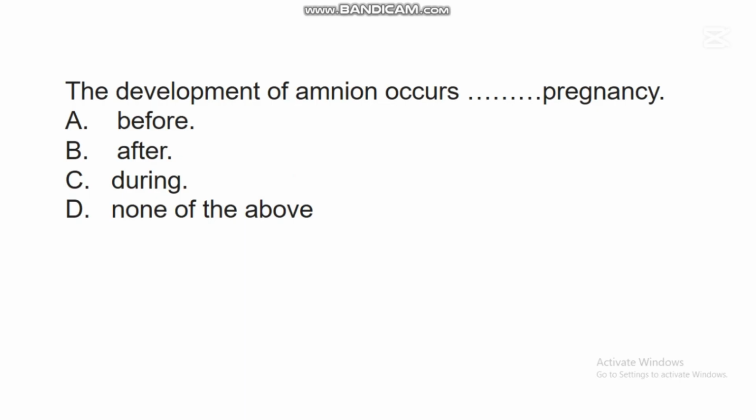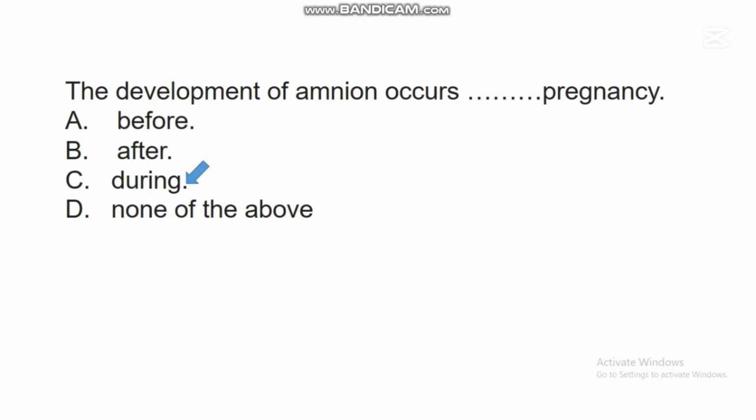The next question says, the development of amnion occurs dash pregnancy. A. Before pregnancy. B. After pregnancy. C. During pregnancy. D. None of the above. In this question, the correct answer is C. During pregnancy.